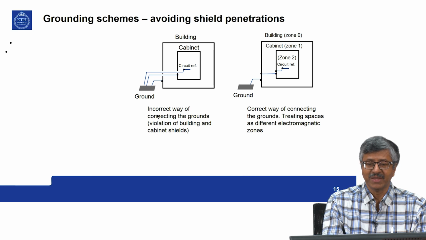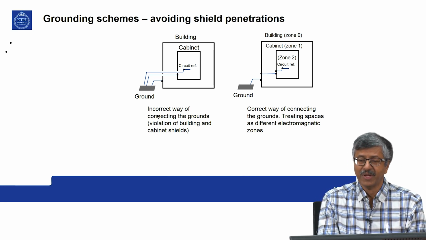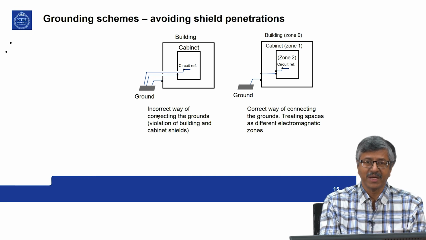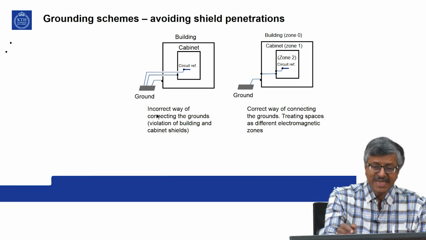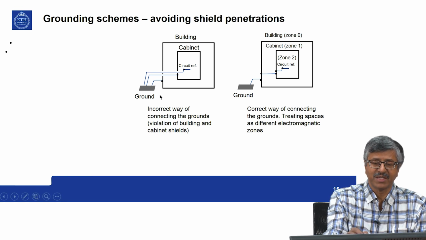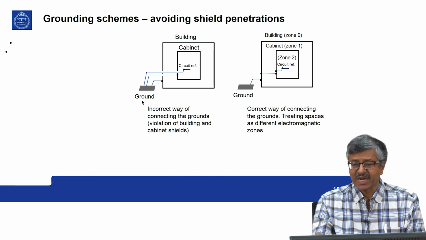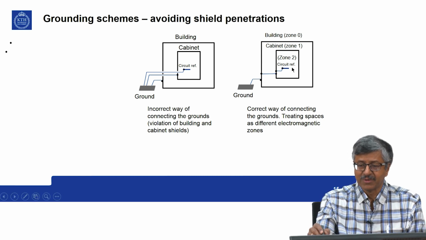At the same time you want to bond these grounds also, so that during transients you do not have potential differences between them. So, this is the incorrect way of treating it. You can't just have an external ground and connect everything together to that, because now you are violating all the zoning principles. So, this is the correct way of treating those grounds.